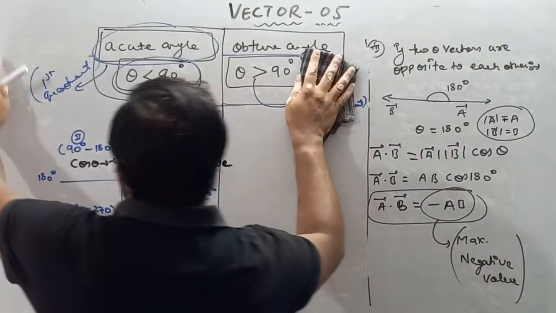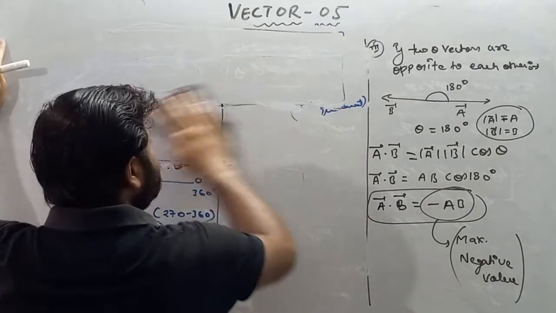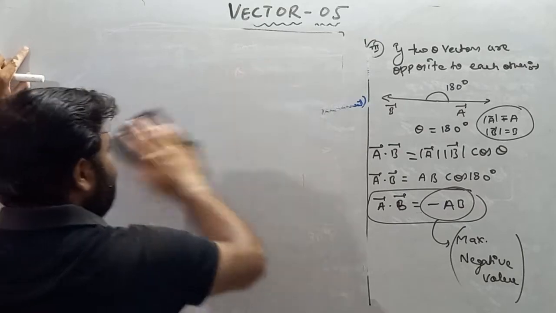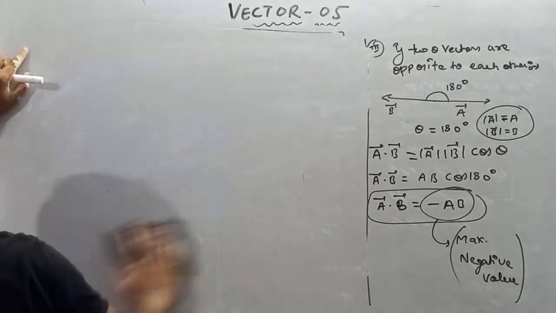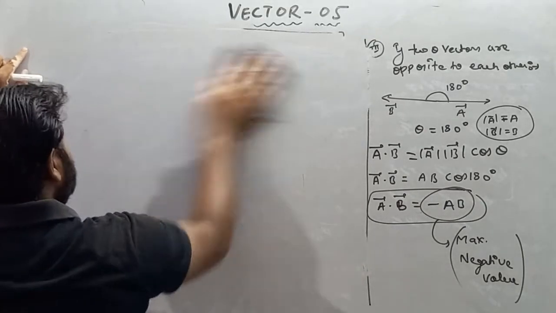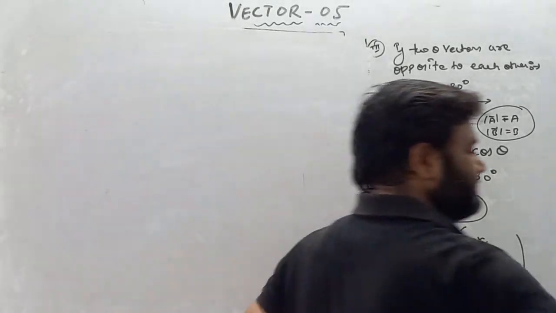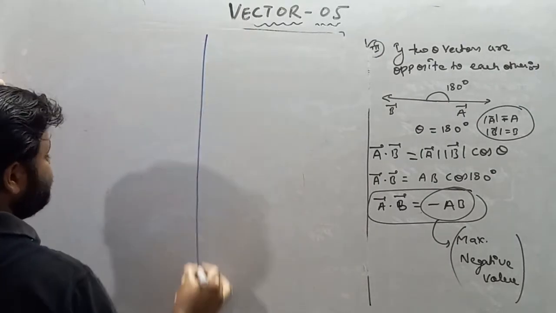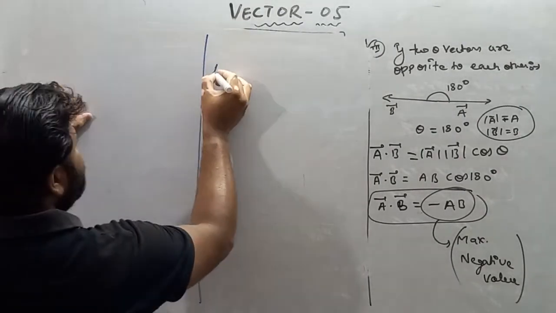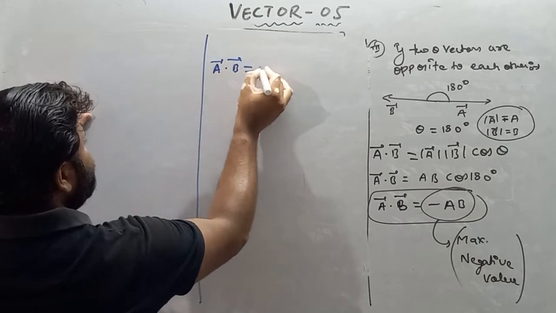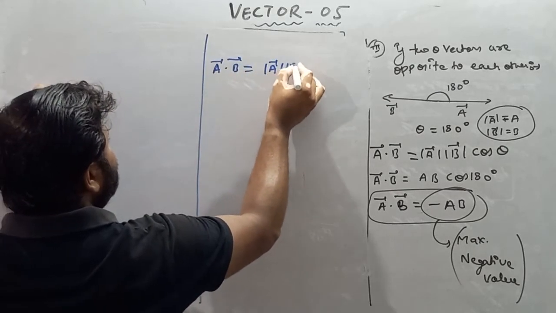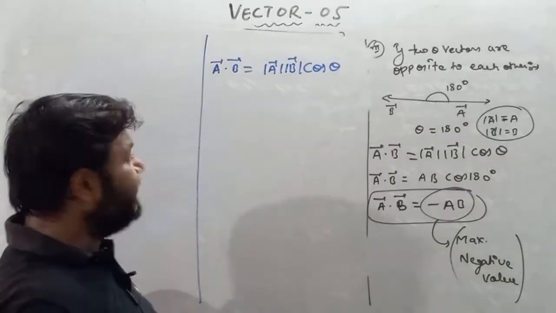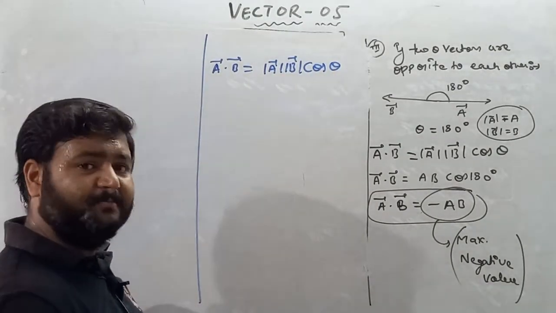Now come to our concept, which is dot product. We discussed that dot product of two vectors, A vector dot B vector, is equal to magnitude of A vector, magnitude of B vector, and cos theta, where theta is angle between A vector and B vector.